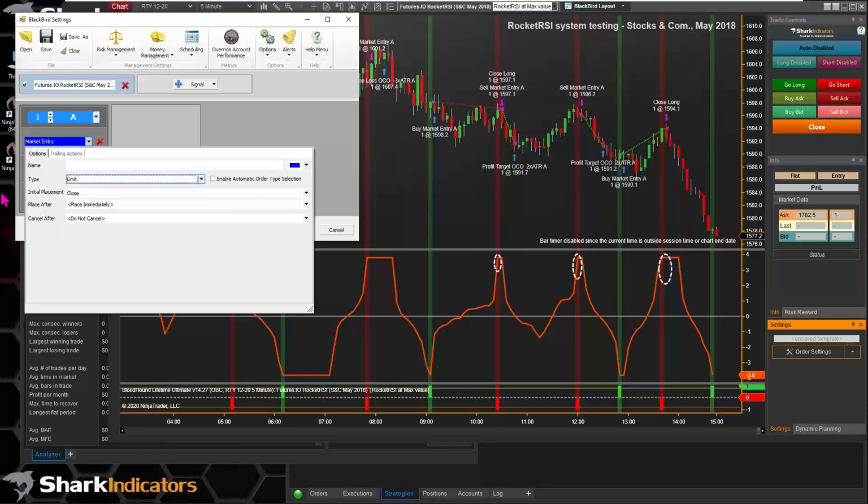We can't say specifically who it does and does not work with, because we would have to have a copy of their indicator to test it ourselves. So the best thing to do, if you have some third-party company's indicators, is to ask the owner of that company whether their indicators work with Bloodhound. That's the best way to find out. All right, let's see what else we got here.